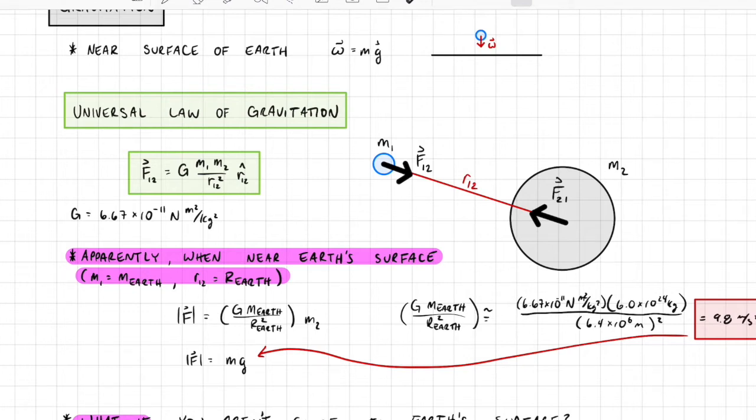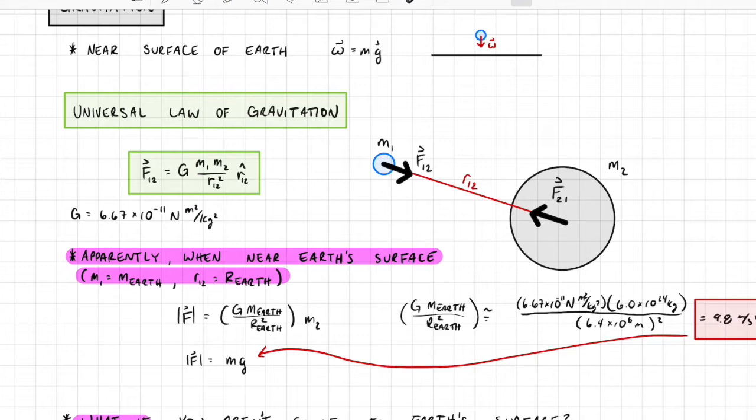So the force that exists between these two objects depends on the product of the two masses, and then it also depends inversely on the square of the distance between the two objects. And then this last term, G, is known as the universal gravitational constant. That's a constant equal to 6.67 times 10 to the negative 11 newton meters squared per kilogram squared.